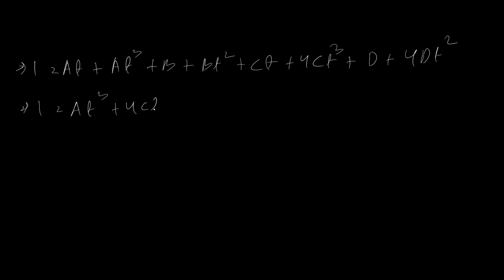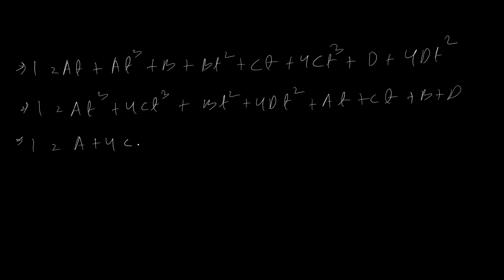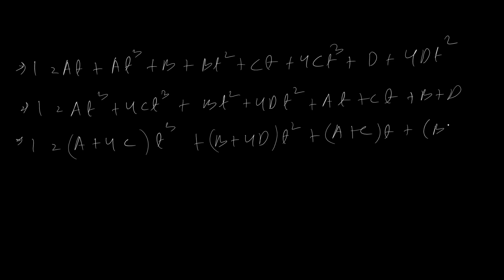At cube plus 4ct cube plus bt square plus 4dt square plus at plus ct plus b plus d. So this is 1 is equal to (a plus 4c) t cube plus (b plus 4d) t square plus (a plus c) t plus (b plus d).